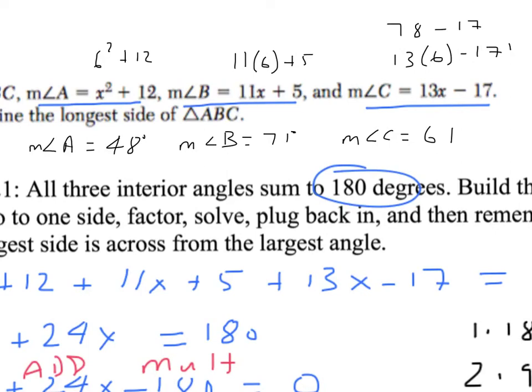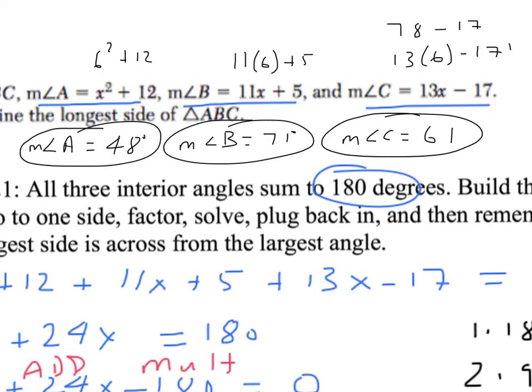I could double check my arithmetic by seeing if these three angles add up to make 180 degrees. And will they, let's see, so 109 and 71 make 180. So the arithmetic is correct.